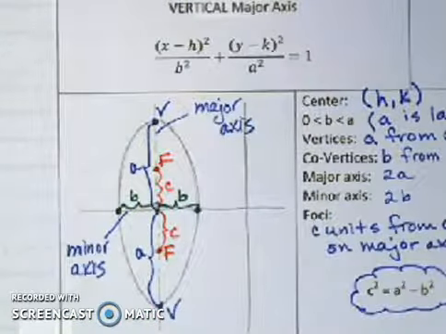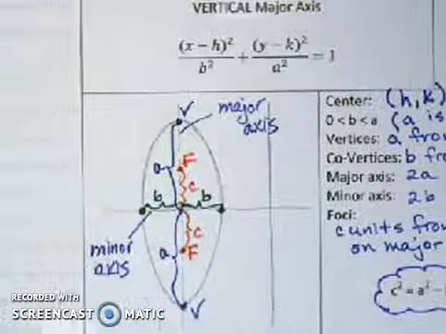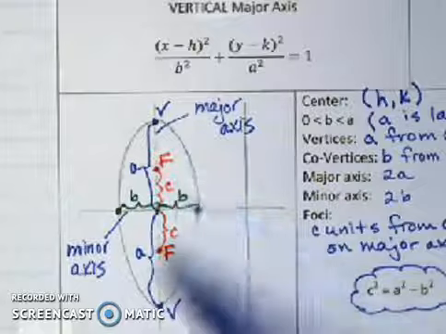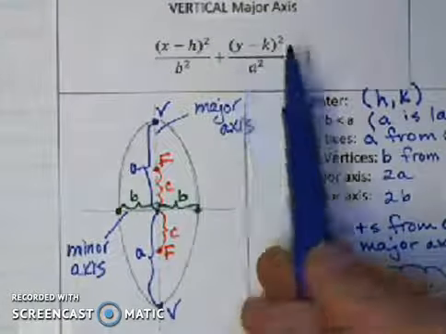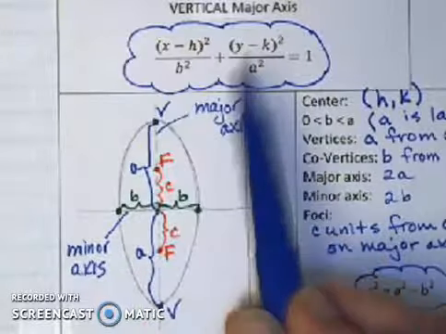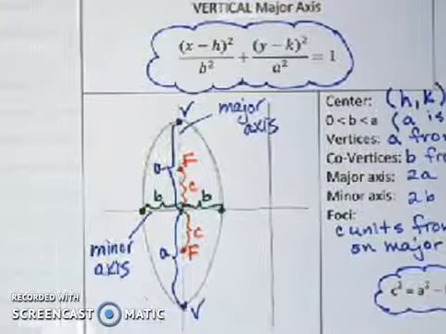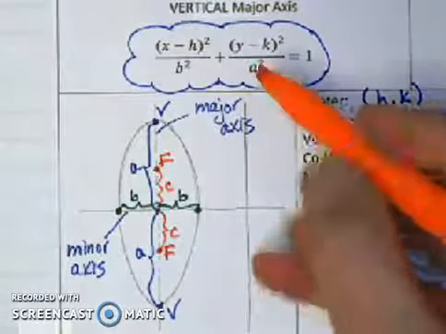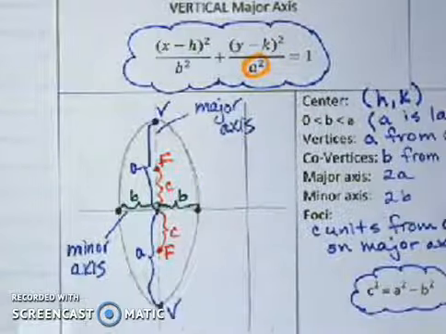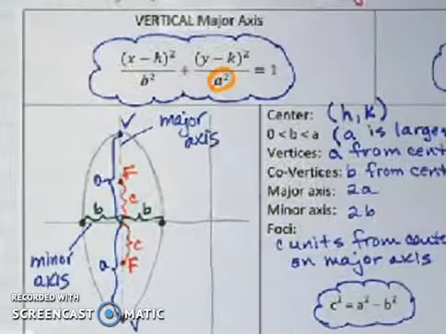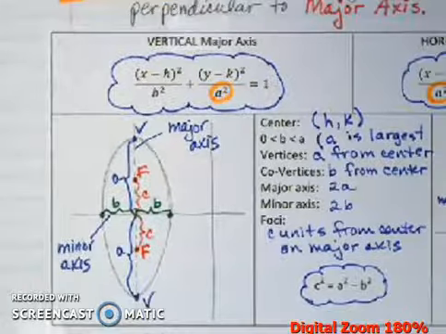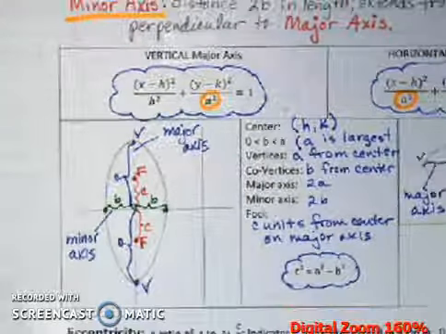And remember, this one is more vertical in nature, and the A is underneath the Y right here, because that's telling you it's a vertical ellipse. I'm going to circle the A, to show you that that's what's different on both of those equations. And that's how you can tell very quickly what orientation your ellipse has.